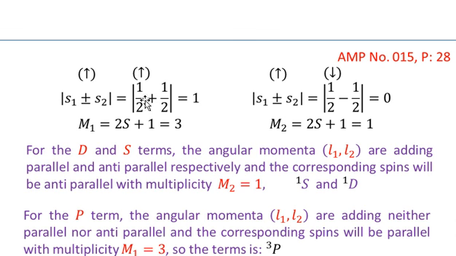So again this is the same analysis as for the case of the first excited state. That is, when the two spins are parallel to each other, we have multiplicity equal to 3, and when the two electrons have opposite spins, then of course the multiplicity will be equal to 1. And this is only the case for the P term.